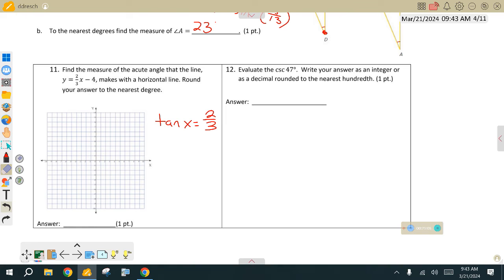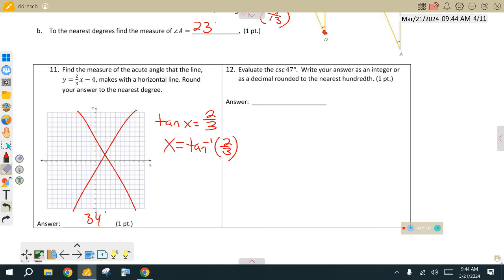The inverse tangent of 2/3 is what I'm asking you for. I'll put that back on there if you need it, but it's not really necessary because it's just the rise and the run every time. Go to your calculator, and what was it? 34 degrees. That angle that keeps getting formed off of that line is going to be 34 degrees. It's going to be a tangent every single time.